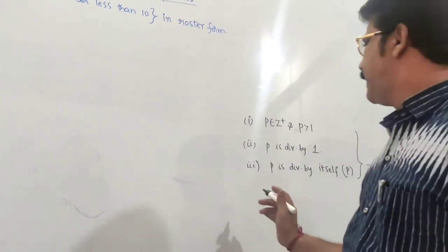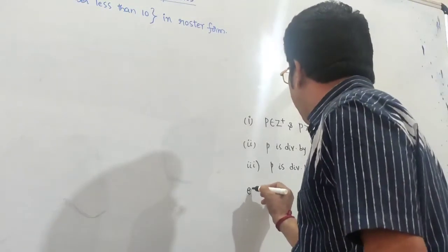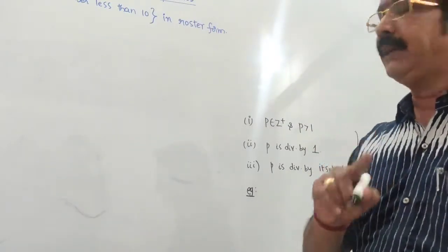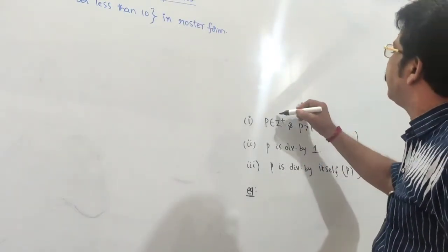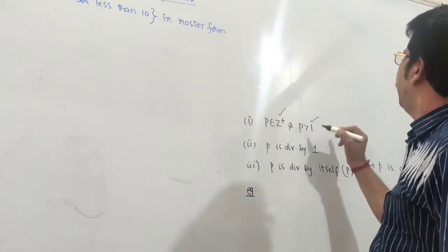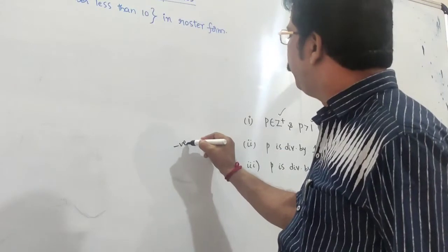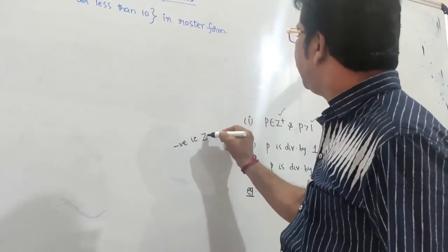Okay, let us consider the example. Our example should start from 2, not 1, because the first condition is Z plus, and the second condition is P greater than 1. So we ignore all negative integers, that is Z minus.